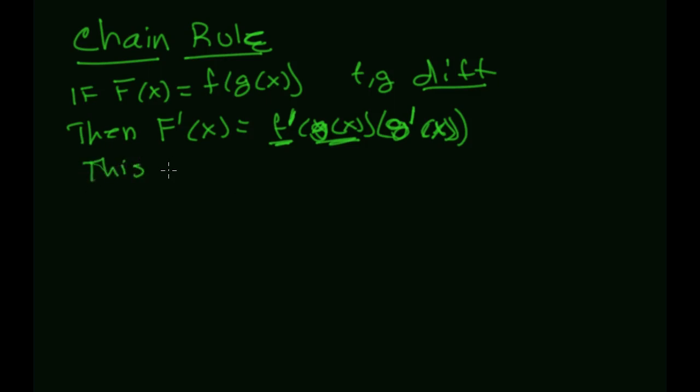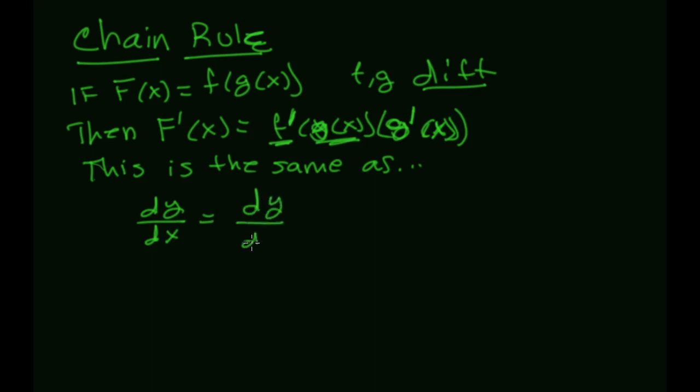This is the same as, if you have dy dx, the derivative of y with respect to x, that is the same as the derivative of y with respect to u times the derivative of u with respect to x. So you can see y as something that's eating u.